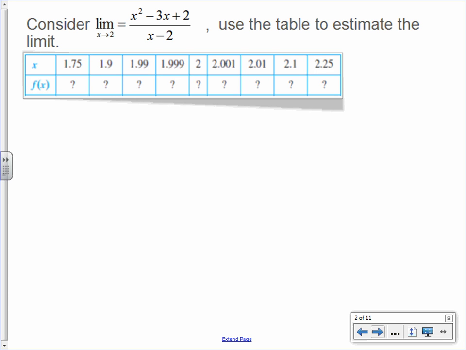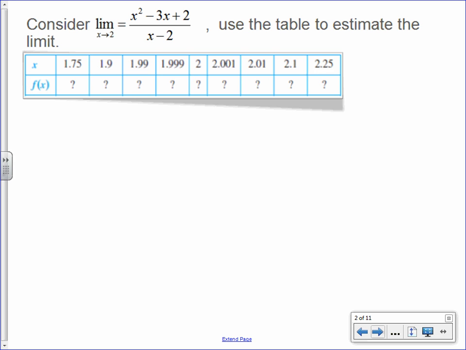1.75 squared minus... Okay, I'm going to kind of hop around a little bit.